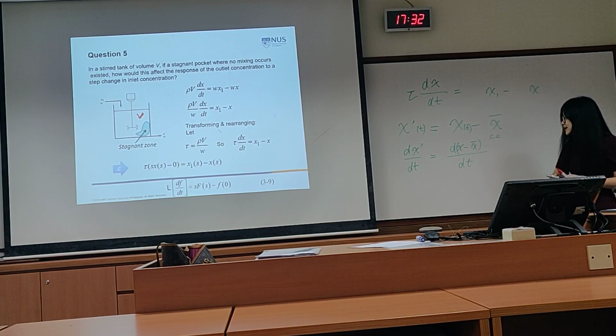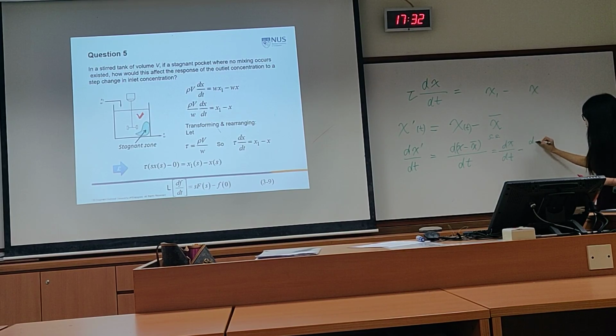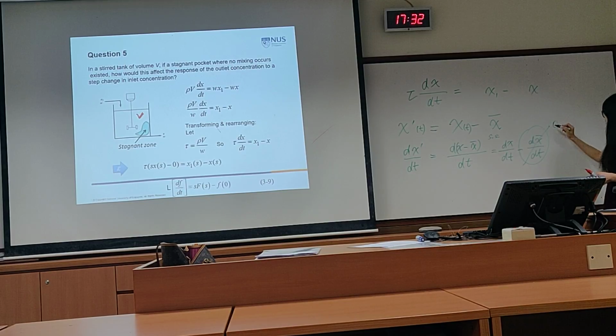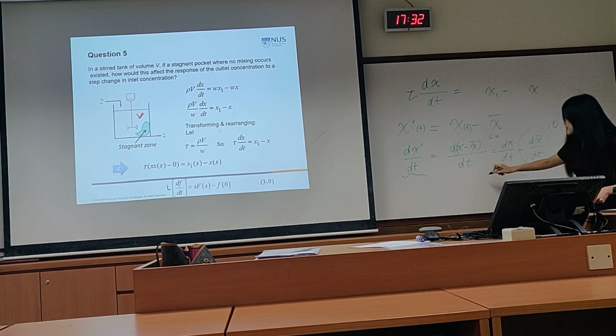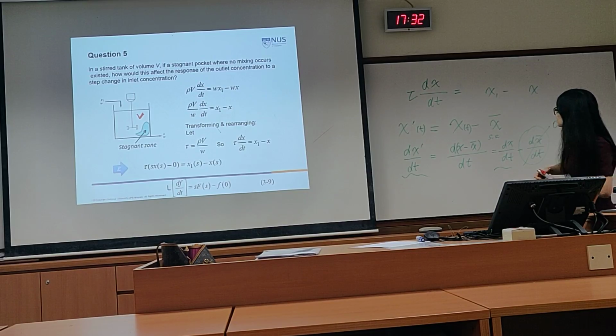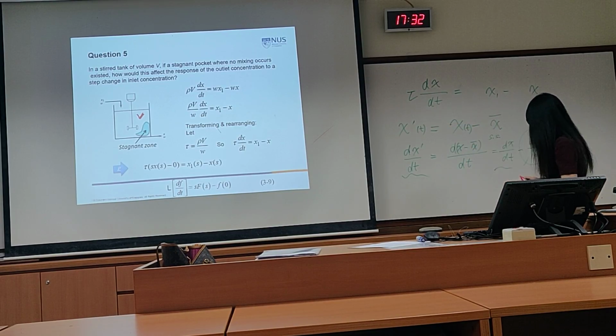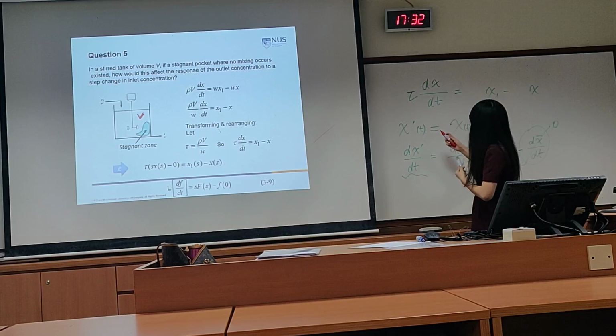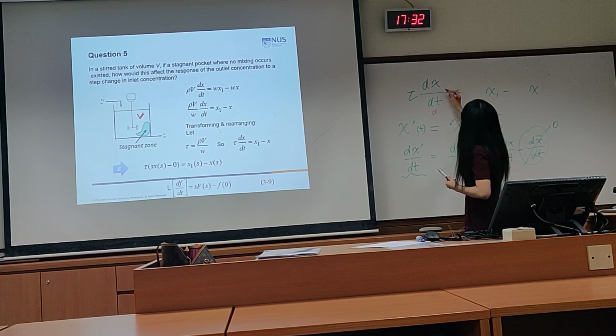Because x bar is a constant, if we separate them, the derivative of the constant is 0. So we get the nice feature that the dynamics of dx prime are the same as the dynamics of x. So the left-hand side of this original function is good, and we can write this as dx prime over dt.